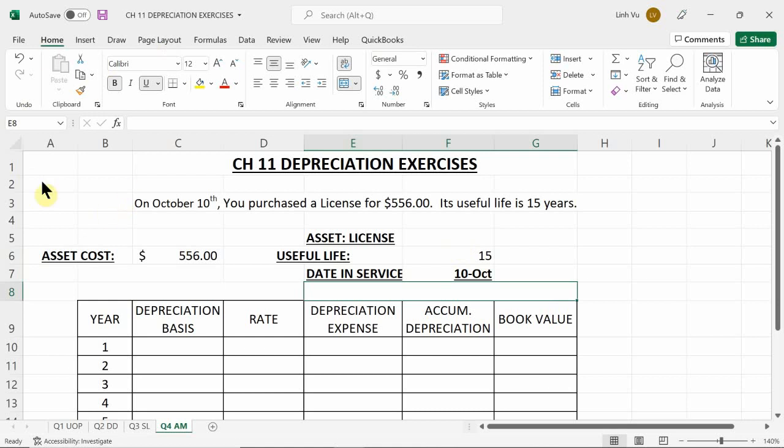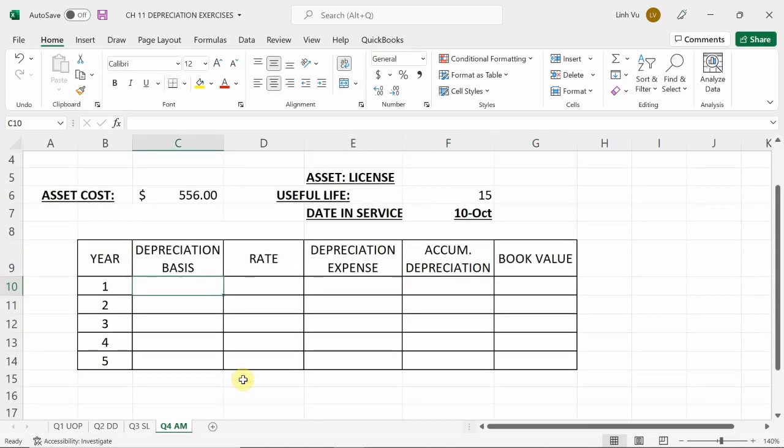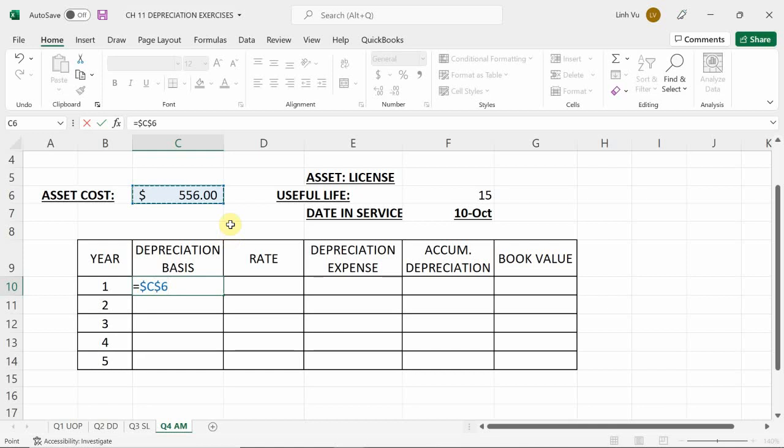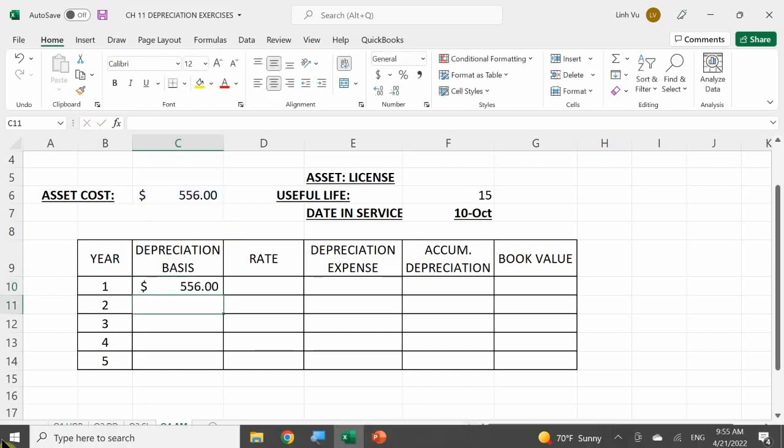Assuming that you are amortizing at the end of the year, December 31st, if I follow the same exact rules as straight line, what should be my depreciation basis? 556, because there's no salvage value. It doesn't exist. So it's just the asset cost.